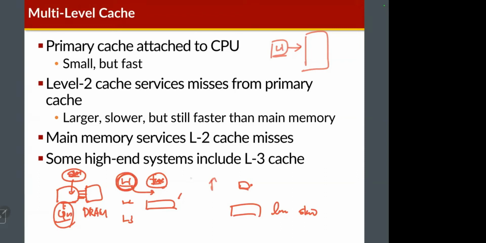So the L1 cache is very small, but the size of the L2 cache is larger than the L1 cache. It is because we want to store more data to decrease the miss rate with the L2 cache. So if we use the cache hierarchy, then we can improve the performance.